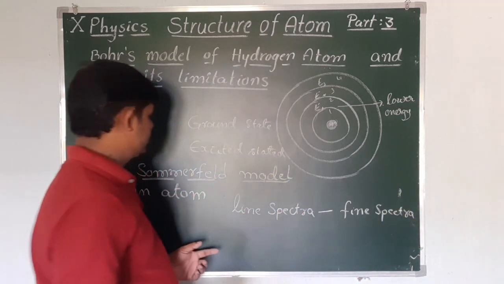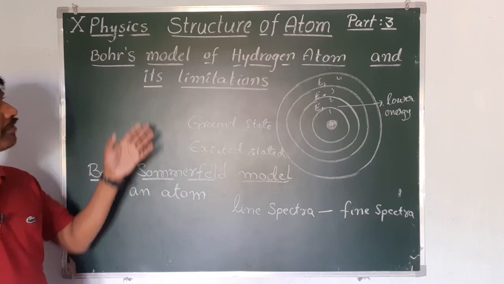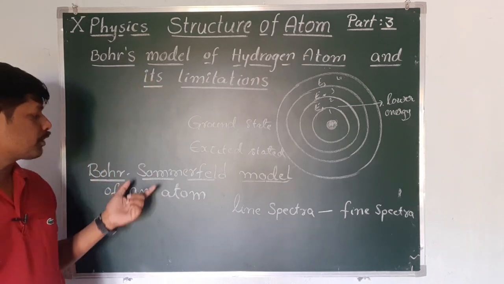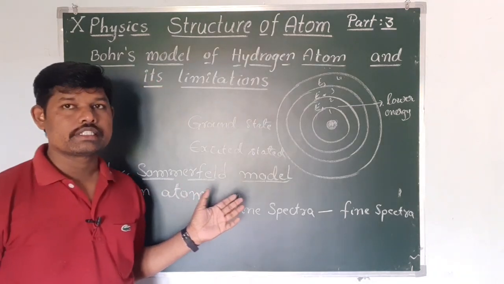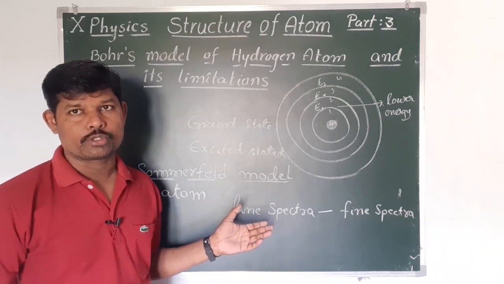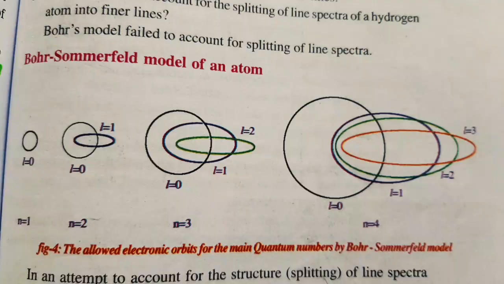In order to modify Bohr's model, Sommerfeld suggested some elliptical orbits. You can observe it in figure 4. Sommerfeld modified Bohr's atomic model by adding elliptical orbits.